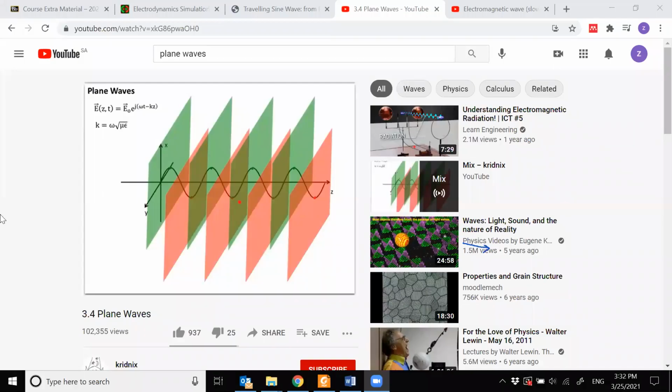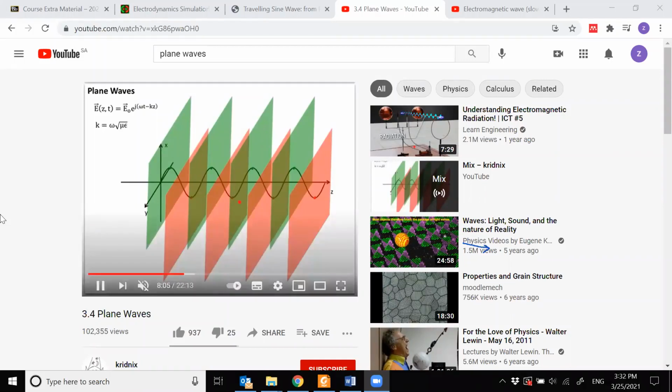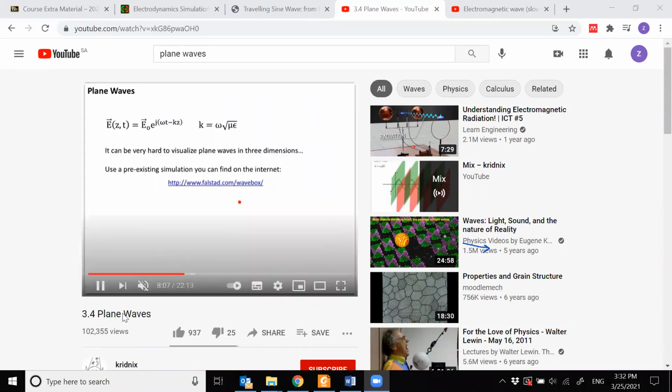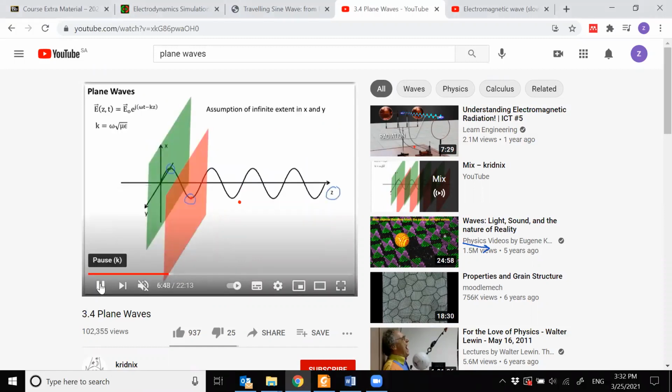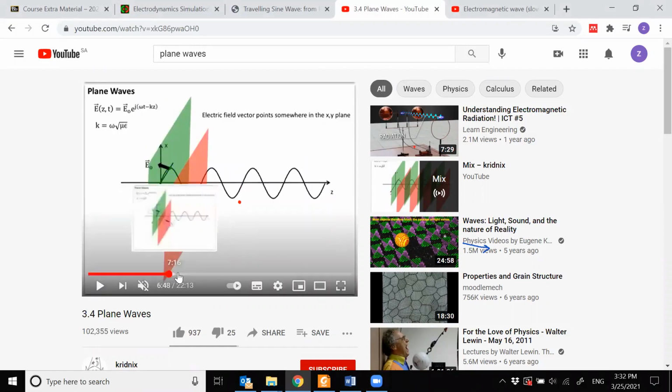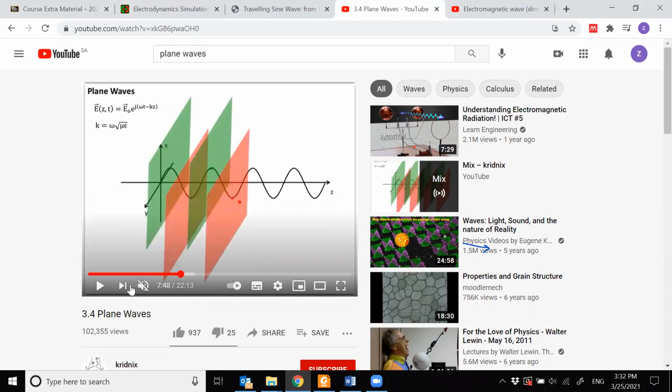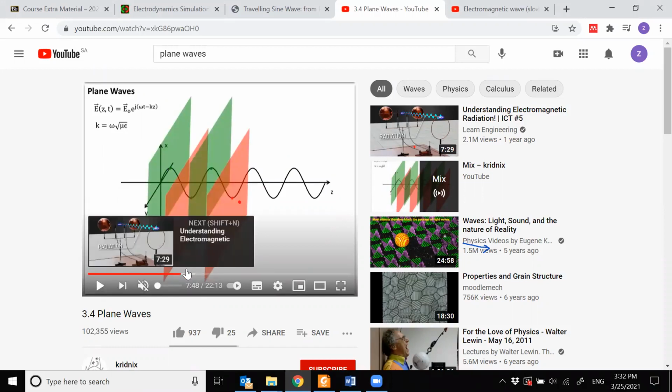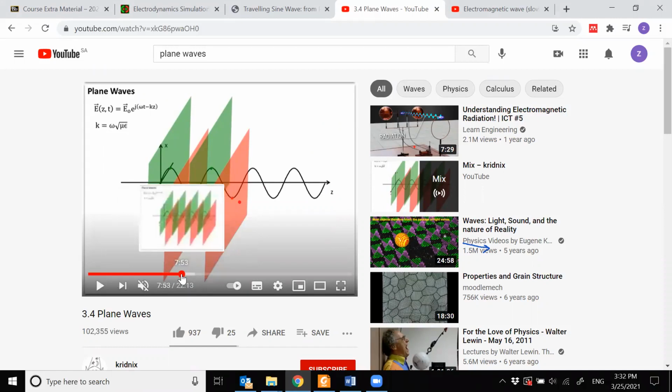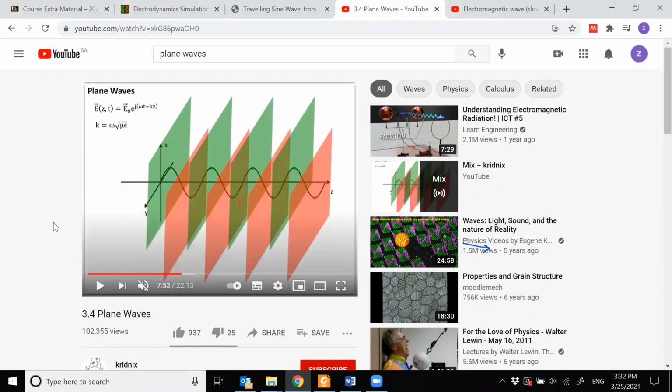Okay, guys, so this is what I'm telling you, the sine wave that we have just now seen. Now, if you try to visualize that sine wave, this is what I wanted to show you. See, this point belongs to a plane, this green plane, right?